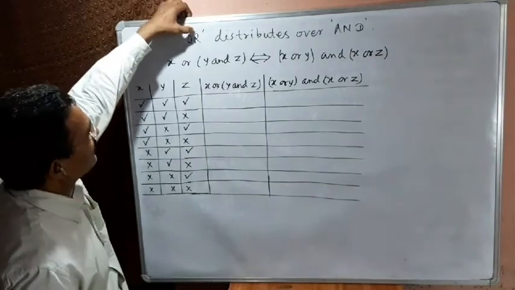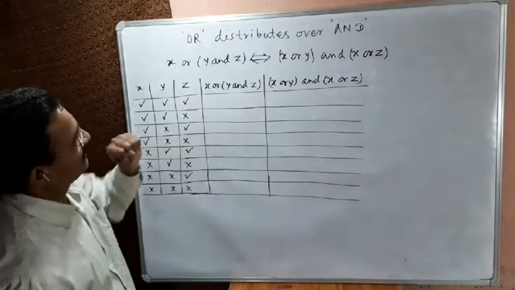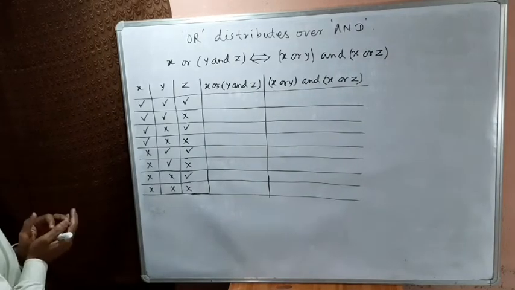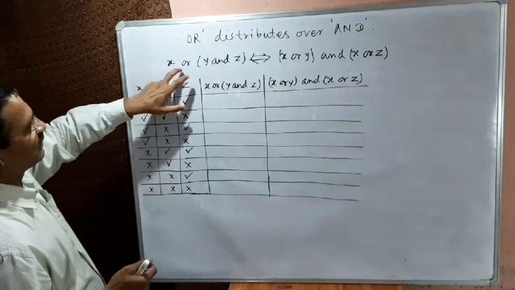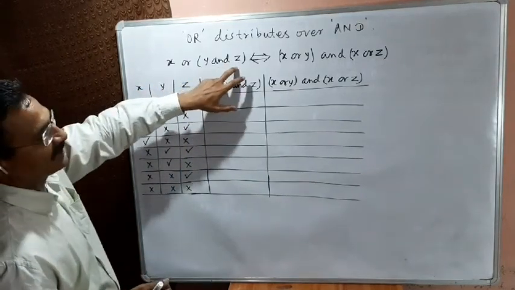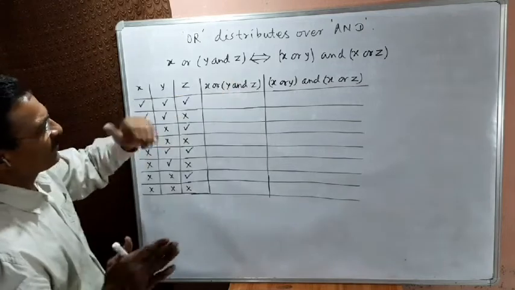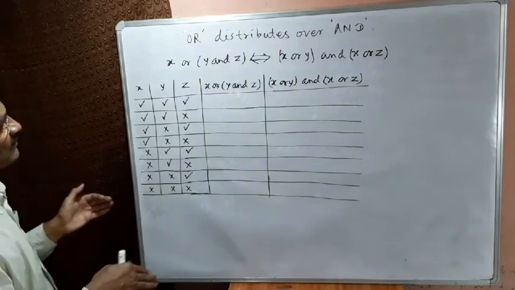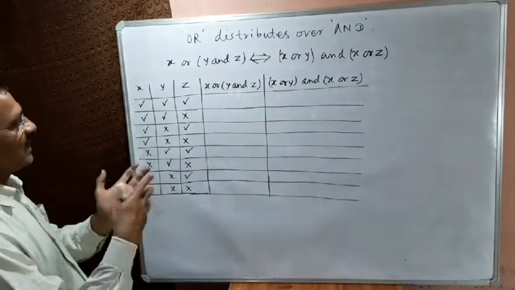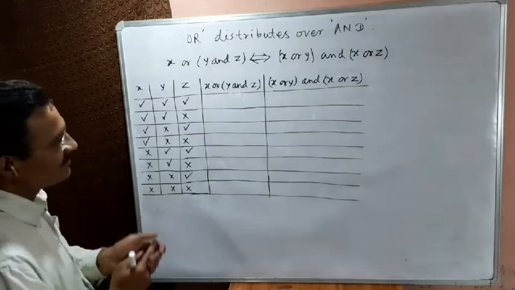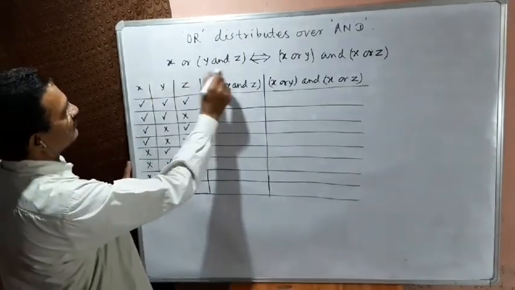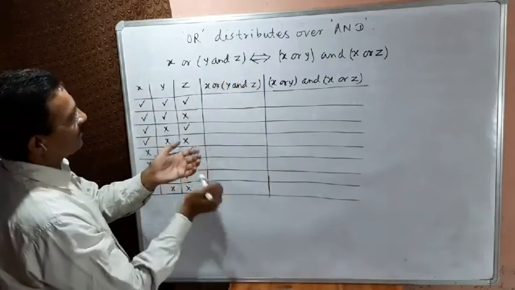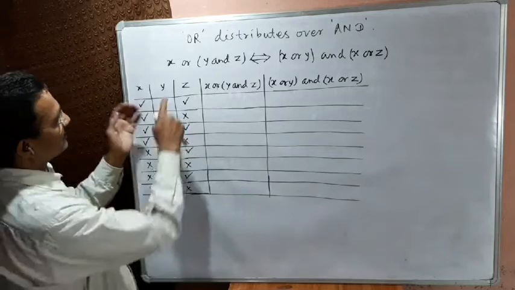We try to understand whether OR distributes over AND. How will we understand it? Let me take the statement X or Y and Z. Don't worry what X, Y, Z are. It doesn't matter. Say we have to perform a work, and that work will be done if this is valid. X may be a person, Y may be a person, Z may be a person, and our work will be done if this happens.